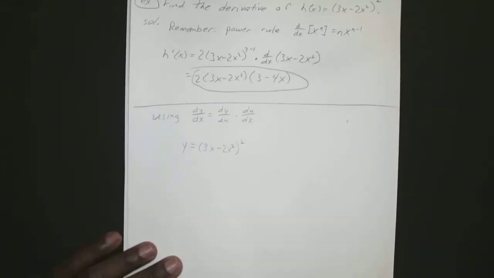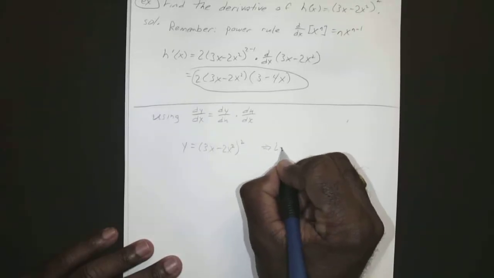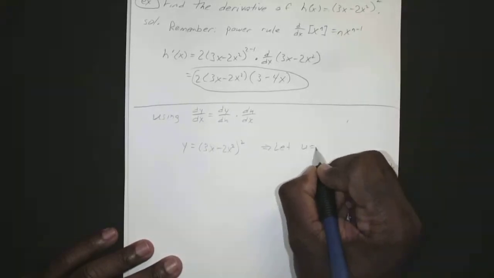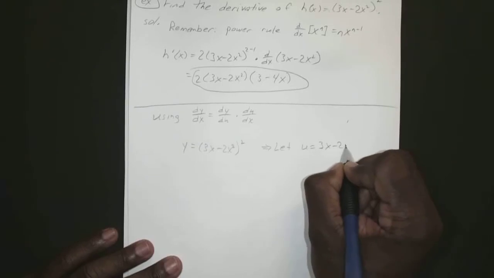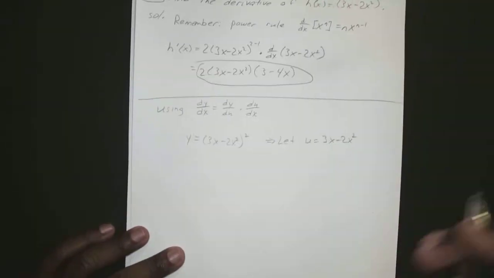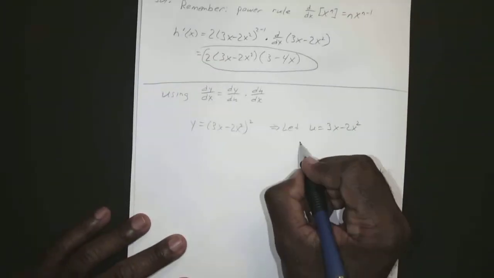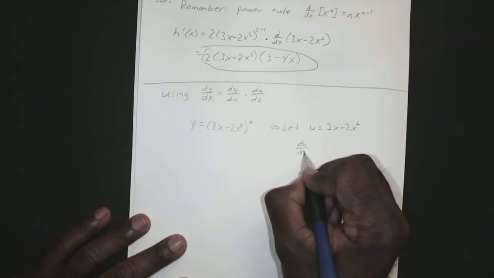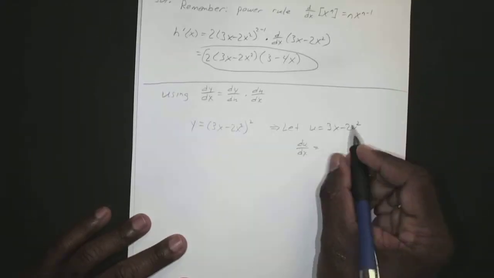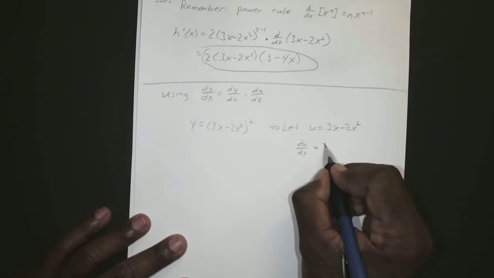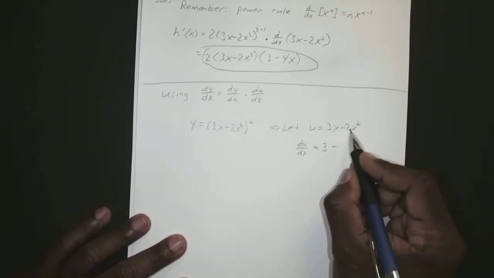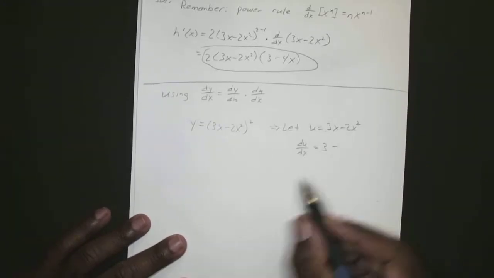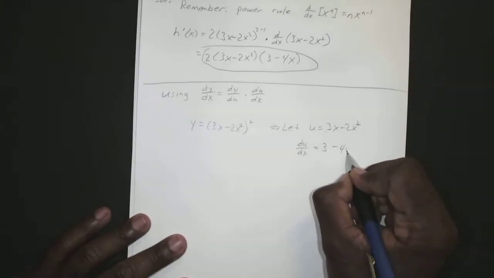In this case, we'd let u equal 3x minus 2x squared, which means our derivative of u with respect to x is the derivative of 3x, which is just 3, minus the derivative of negative 2x squared. We bring down our 2, we have our minus 4x.